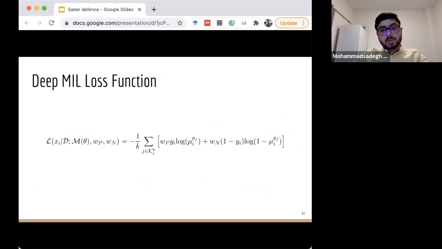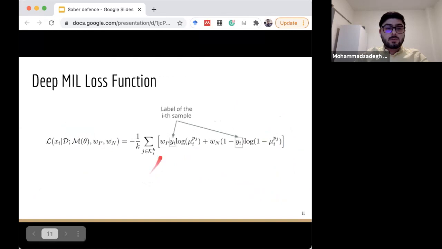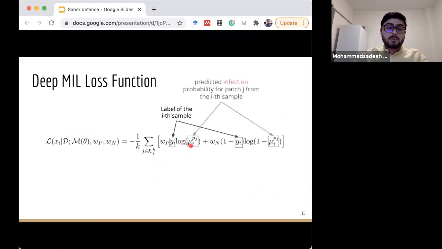The mathematical expression for the loss function helps in understanding this procedure better. Here, y_i is the label for the i-th sample image in the dataset, and p_ij is the predicted infection probability for the j-th patch in the i-th sample image by the model. The loss function is a weighted binary cross entropy function that compares the predicted values with y_i, as you can see here.